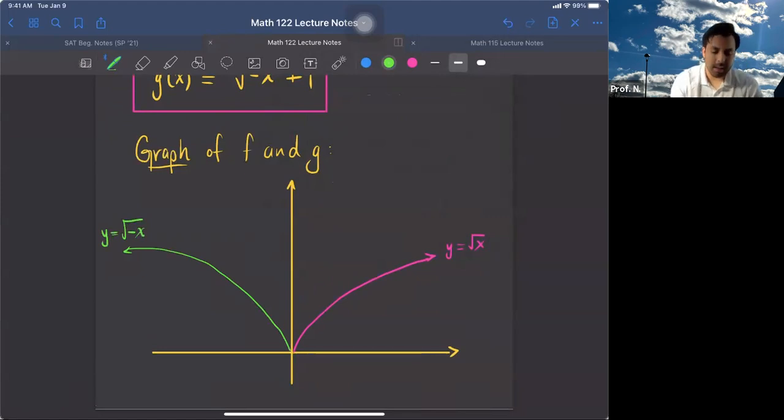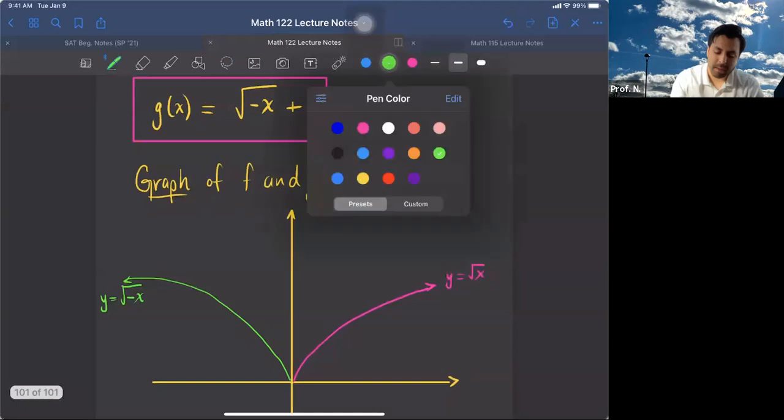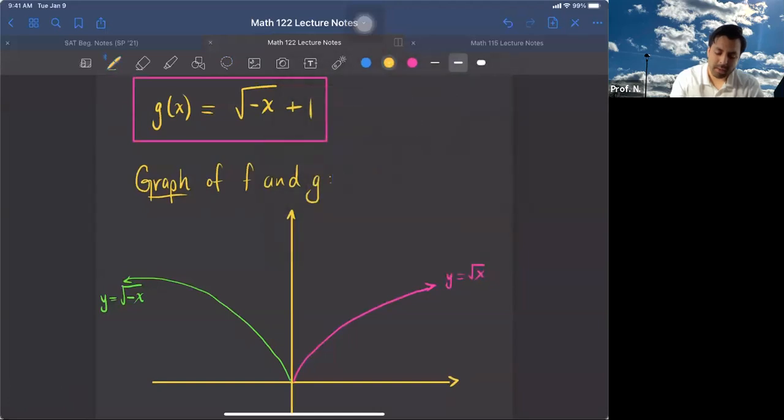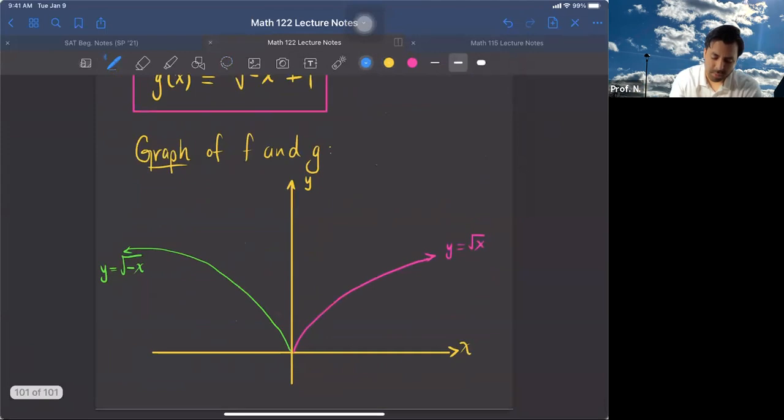But that's not the end, because I want what? After the reflection across the y-axis, and I should say this is the y-axis, this is the x-axis, I move it up by 1. So then I'm going to move this up by 1 here. This will be just the same thing, just moved up by 1.